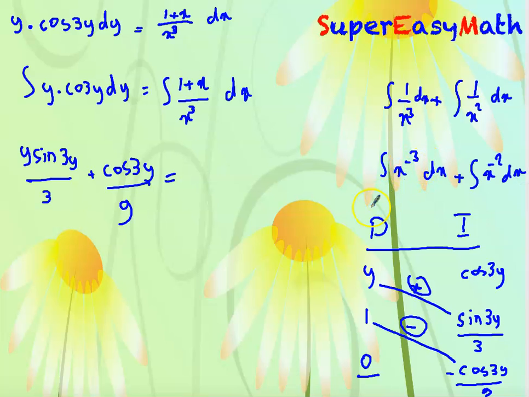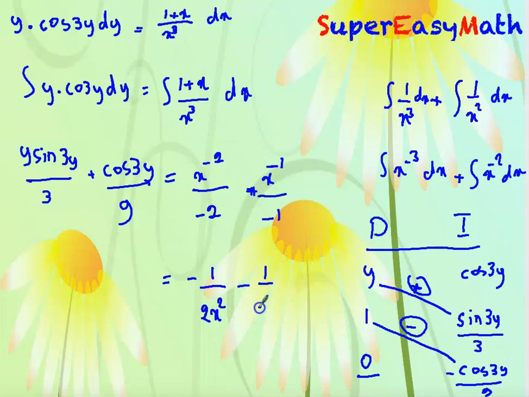Integral for x to the minus 3 equal to x to the minus 3 plus 1, which is minus 2, over minus 2, plus integral for x to the minus 2, x to the minus 2 plus 1, which is minus 1, over minus 1. So we will have minus 1 over 2x squared minus 1 over x plus c.